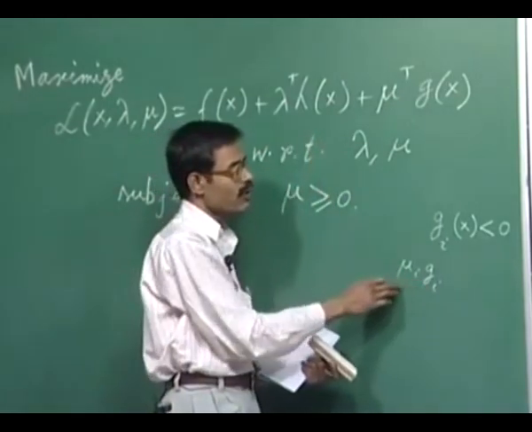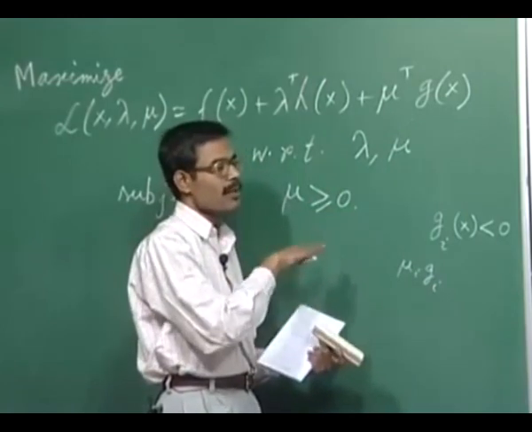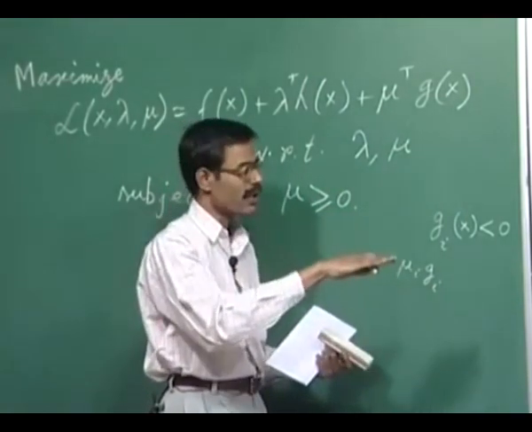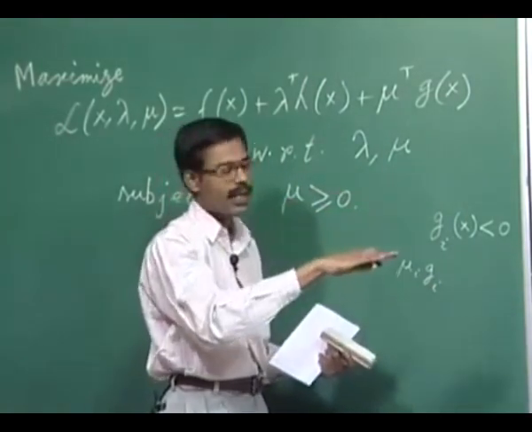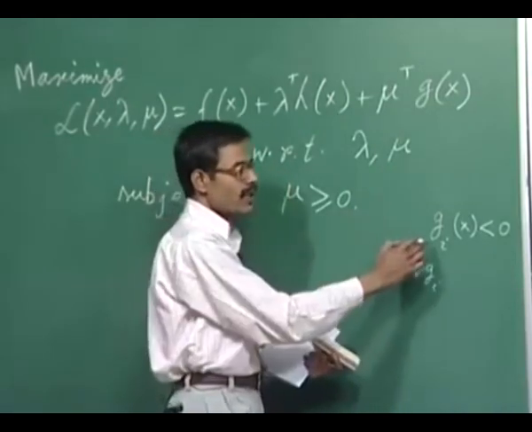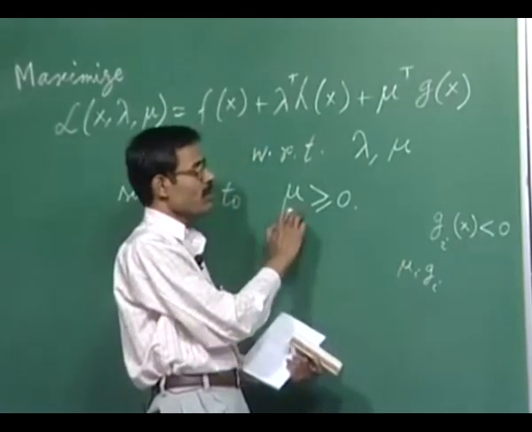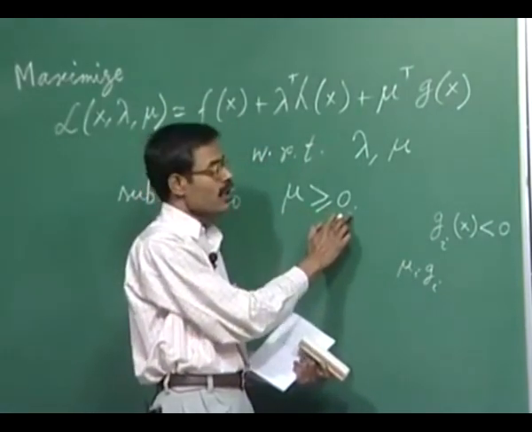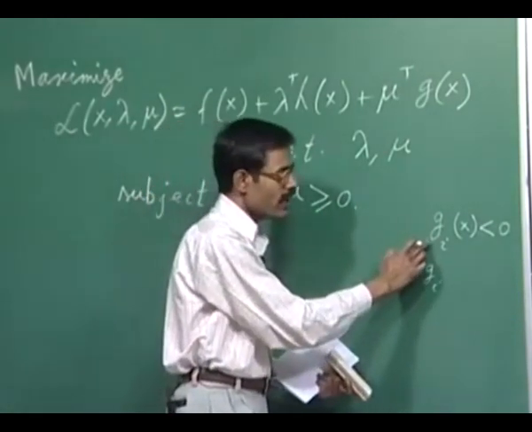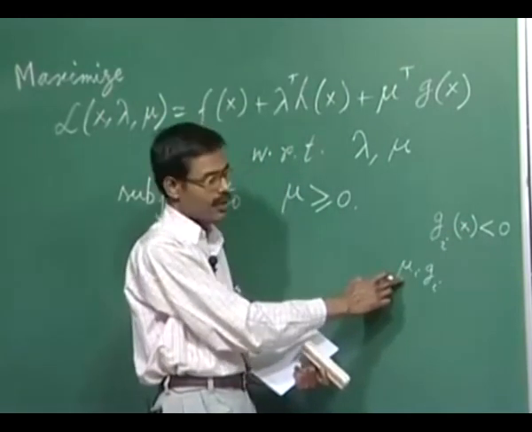So, the negative value of this we would like to reduce as much as possible. That is, compared to -5, -4 will be considered better, compared to which -2 will be considered better, and so on, and best will be if this is 0. Now, if gi is negative, then above 0 it cannot go, because mu is non-negative. So, that means that for every gi which is negative, we need mu i to be 0.